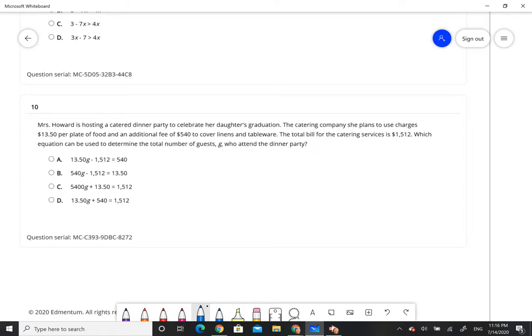Okay, all right, let's see. So the total money that they have is $1,512, right? And then the catering company plans to charge 13.5 per plate, that means they want to say G, right? And an additional fee of 540.